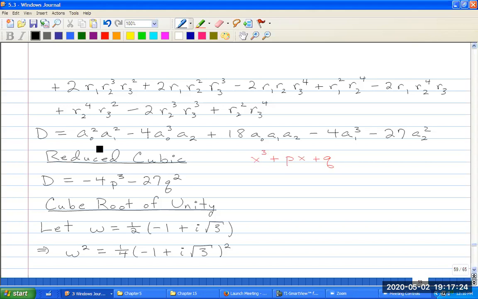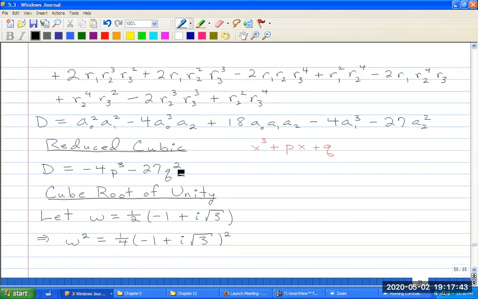So for a reduced cubic, a cubic of the form x cubed plus px plus q, the discriminant has the form negative 4p cubed minus 27q squared. Let me quickly finish this off.